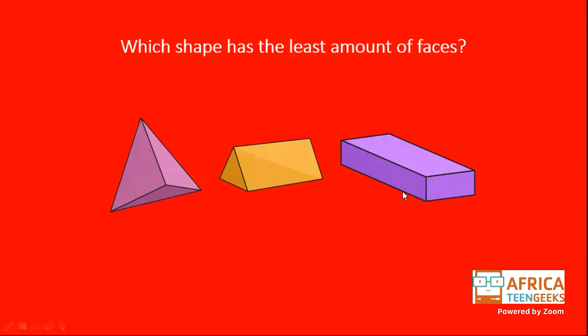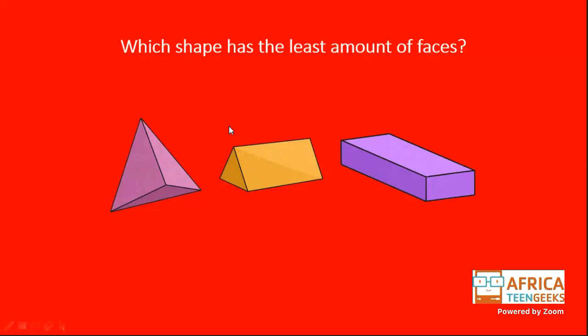Which shape has the least amount of faces? Remember, a face is each side of the shape, like a rectangle or triangle. So you have to decide how many faces each shape has and tell me which one has the least amount of faces. We have our first answer. Ethan said it's the triangular-based pyramid.